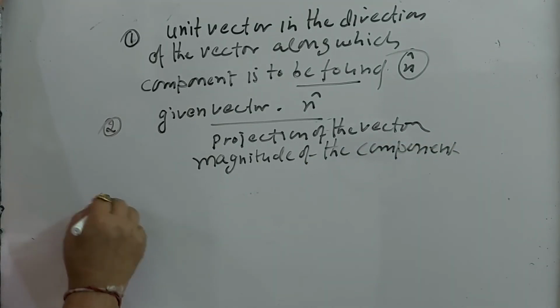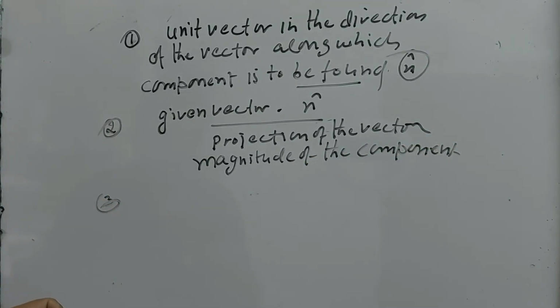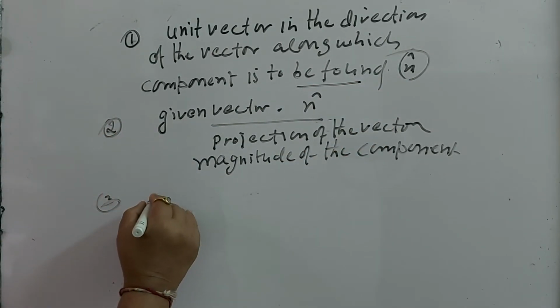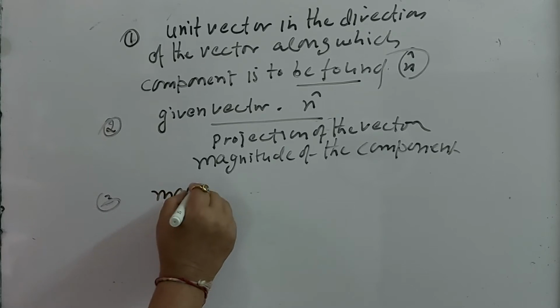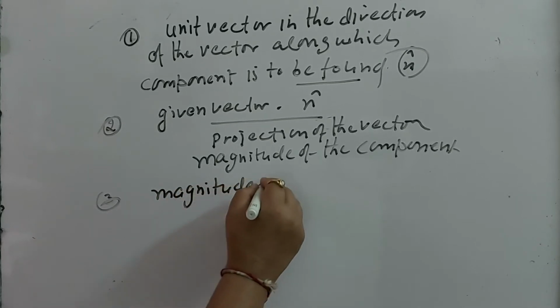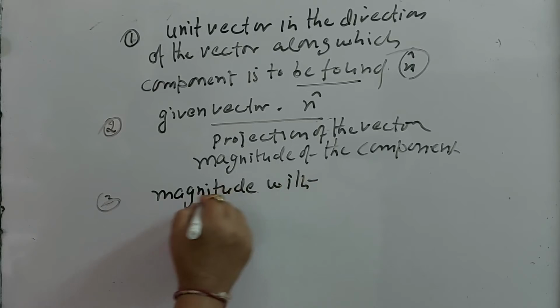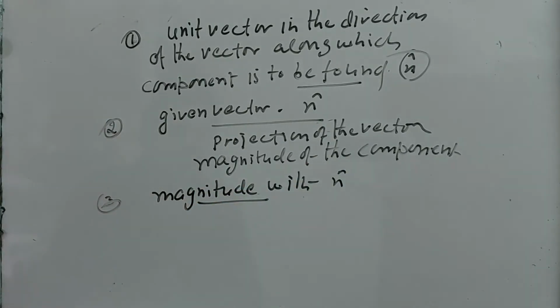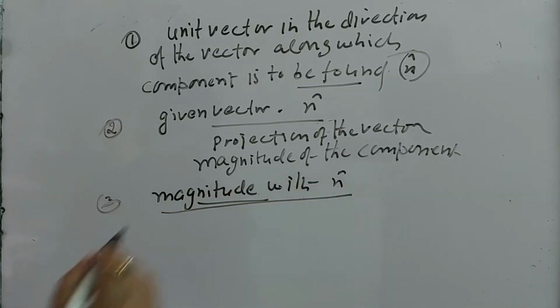Now in the third step, you multiply this magnitude with this direction. In the third step, you multiply the magnitude with the unit vector. So that will give you the component.